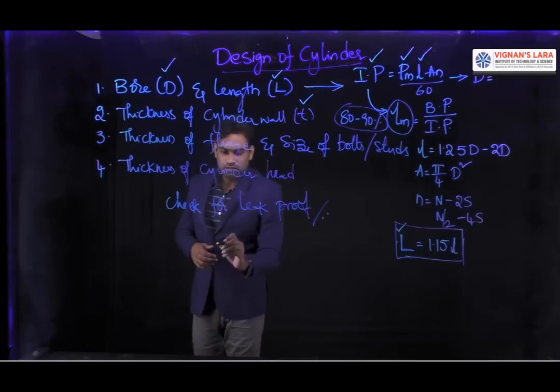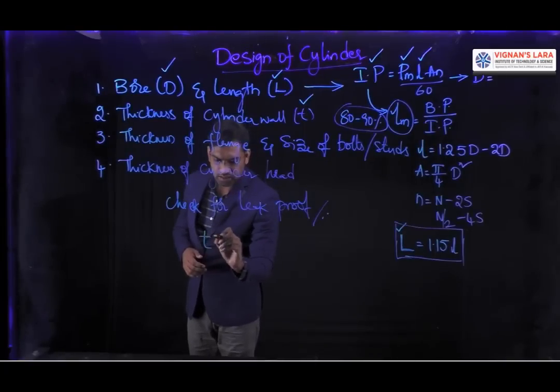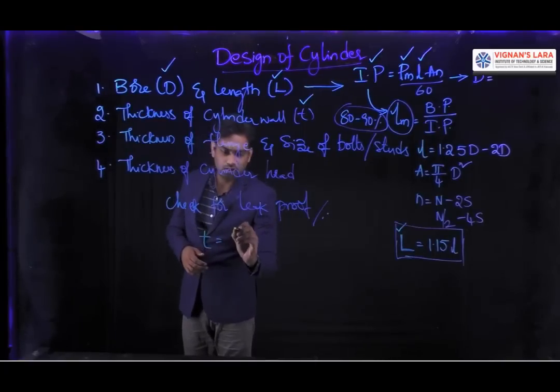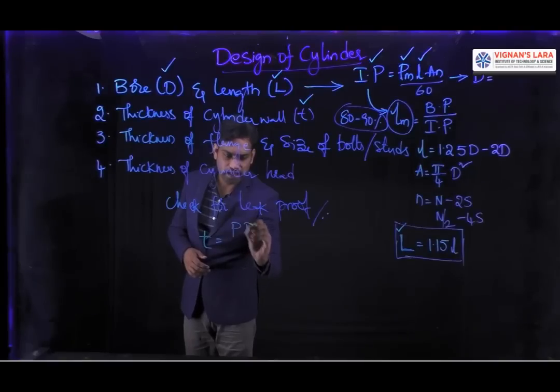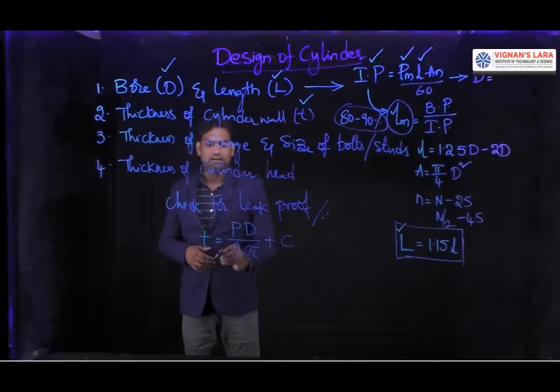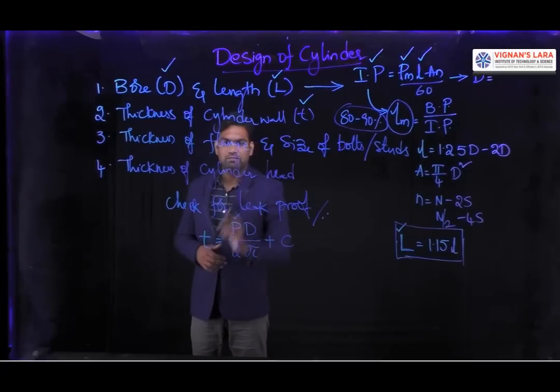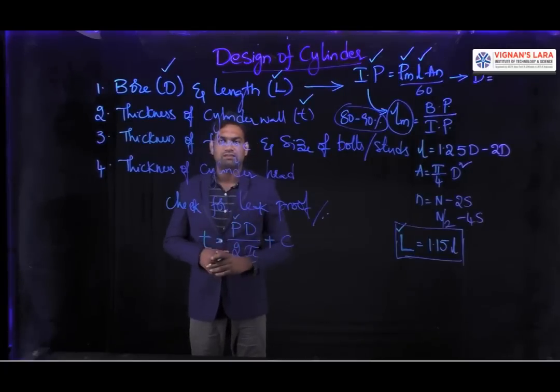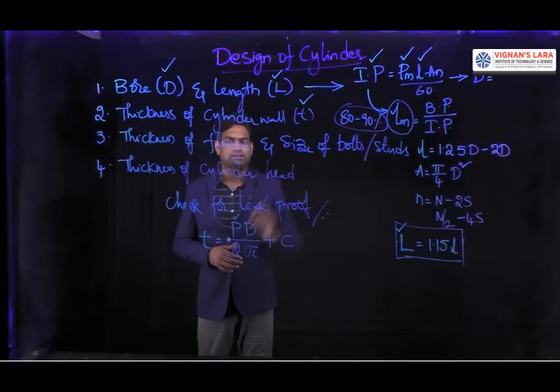Using the thin cylinder equation, the thickness of the cylinder wall is calculated by PD by 2 into sigma C or sigma T, plus the reboring allowance, which also needs to be calculated. Here P is the maximum gas pressure and D is the cylinder bore, that is calculated in step number 1.